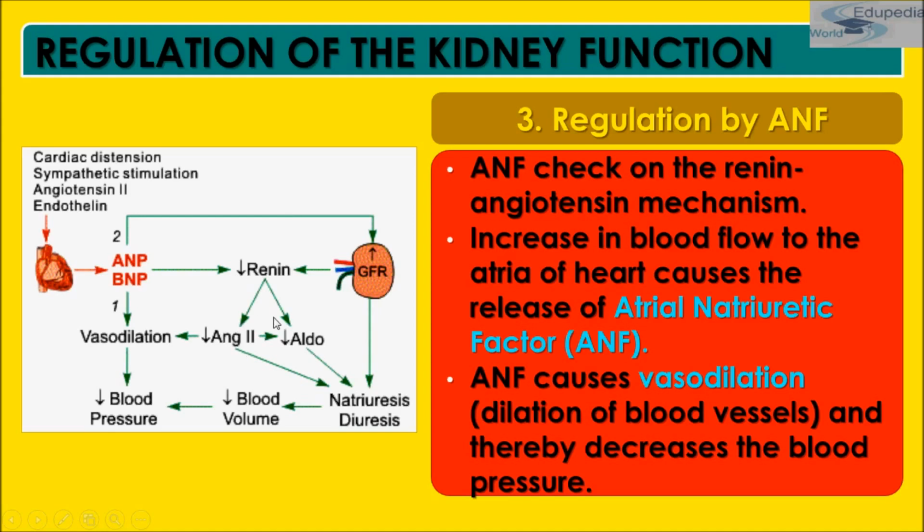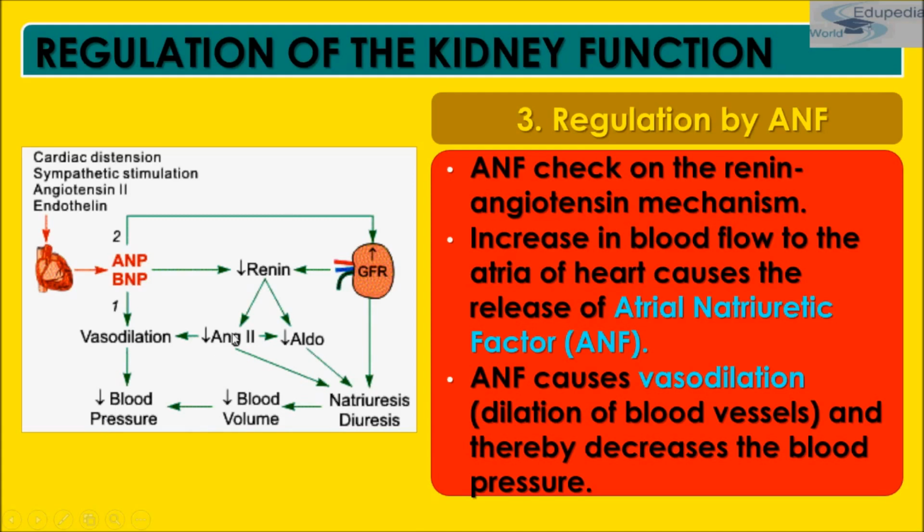So angiotensin II will not be able to excite the cortex of the adrenal gland, hence it won't be able to secrete aldosterone, and this is how natriuresis takes place. That means it causes increased excretion of water and Na+ through urine, which we call natriuresis, and hence the name is natriuretic factor. Natriuresis takes place, and this causes decrease in the blood volume and decrease in the blood pressure.